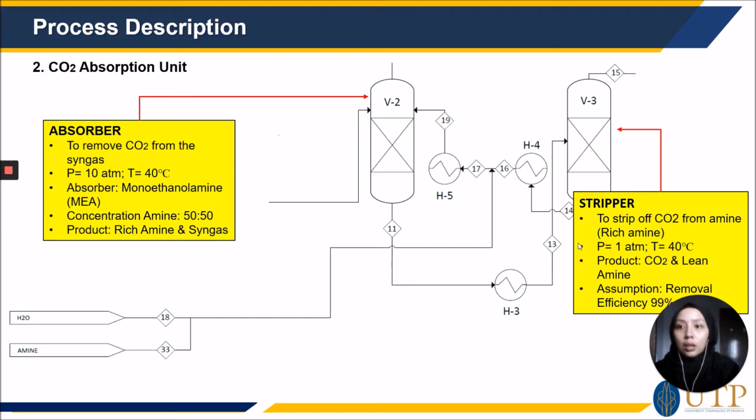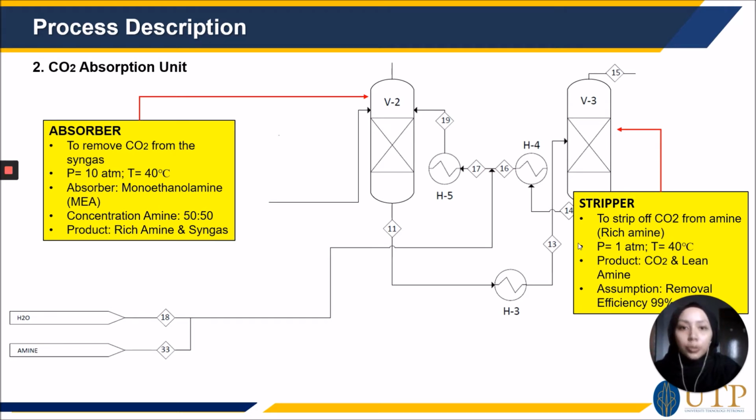The absorbent used is monoethanol amine. To ensure the high efficiency of the absorber, you need to use 50-50, which is the concentration of amine is 50% and the concentration of water also 50%.